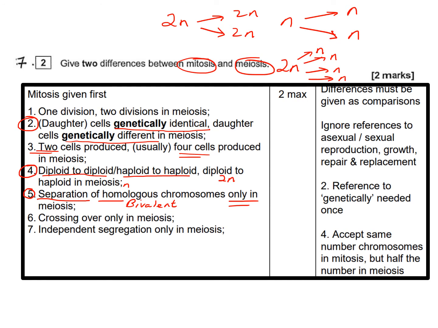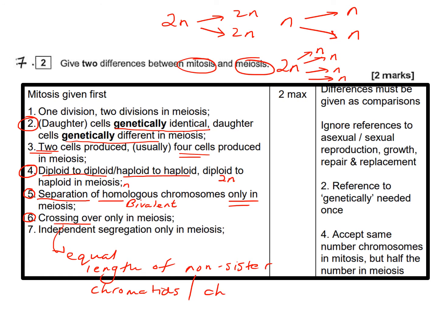Right, also in prophase 1 of meiosis, we have crossing over. Now, crossing over is where an equal length of non-sister chromatids is swapped over, and that occurs at the chiasmata point.